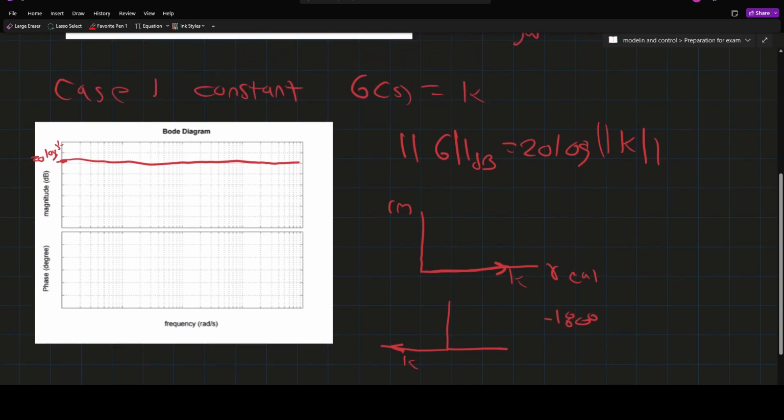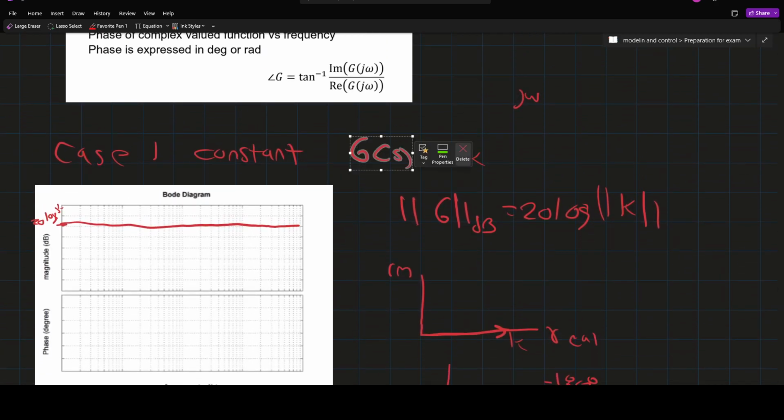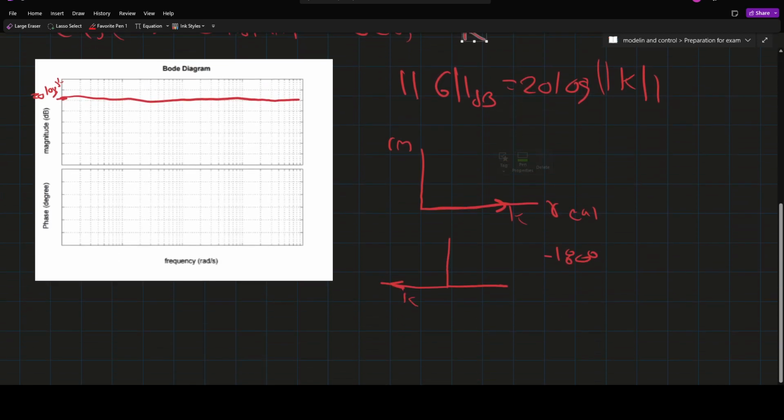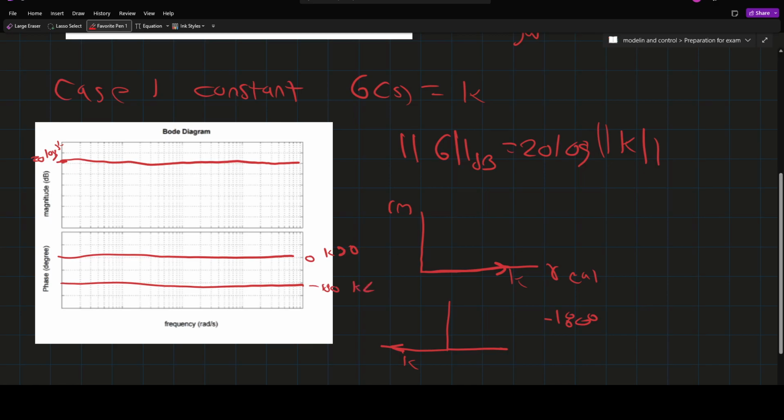So this also shows that when we multiply a transfer function by -1, we flip the result. So we are gonna have 0 degrees when k is bigger than 0, and minus 180 degrees when k is below 0.